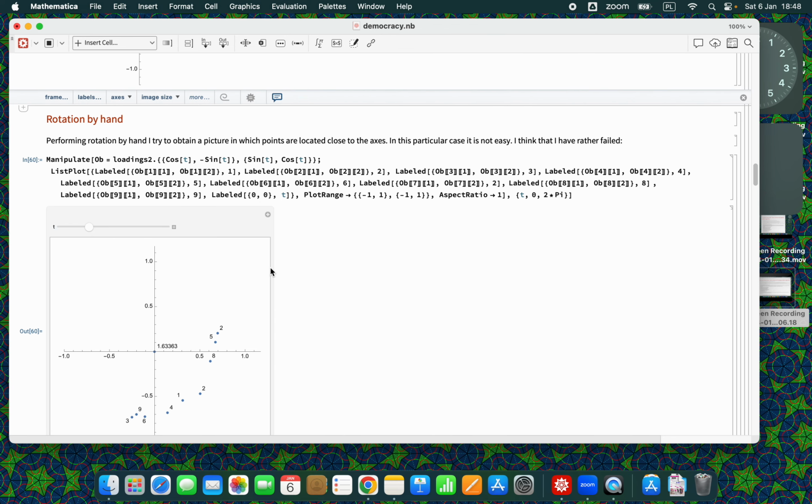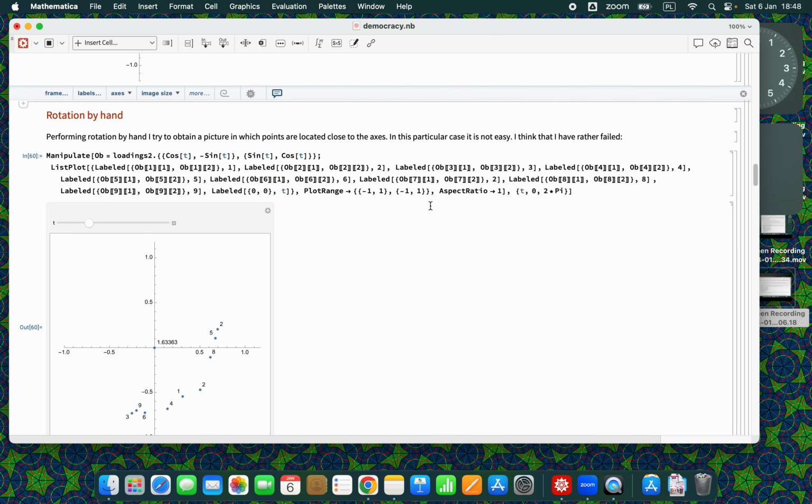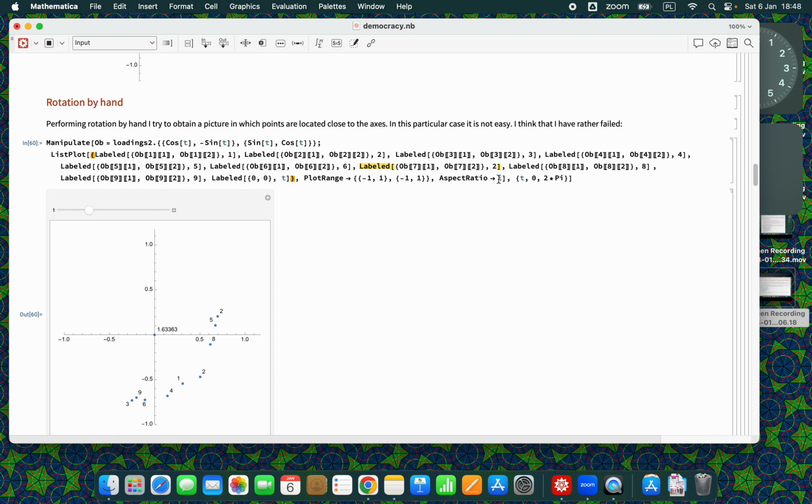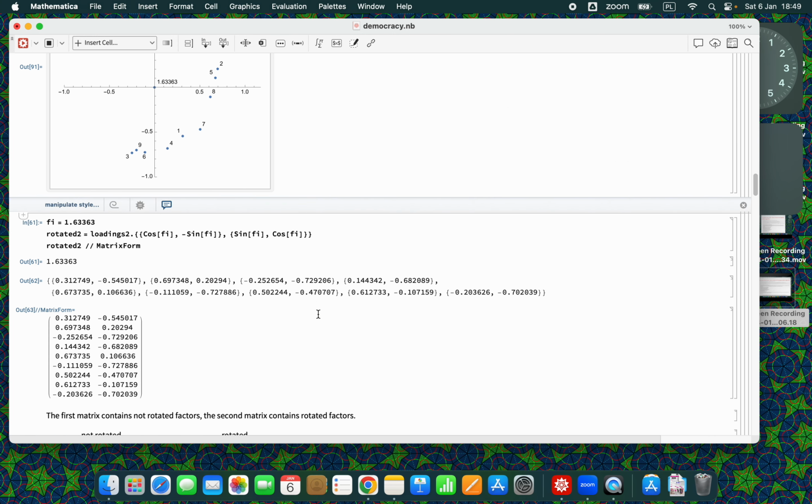We can try to make rotation by hand. This is the same mistake here. We can do rotation by hand, and it is not easy to decide which position is the best one. I've chosen such a position to check whether it improved something.